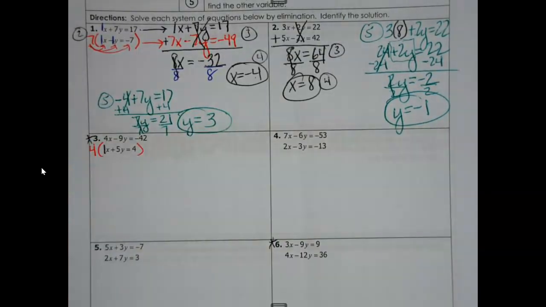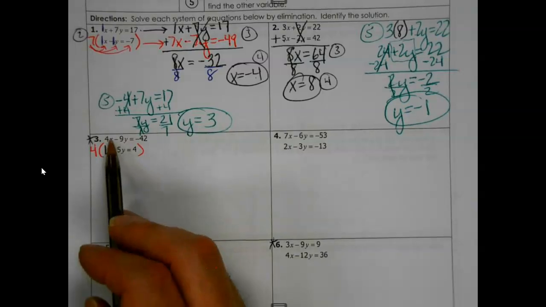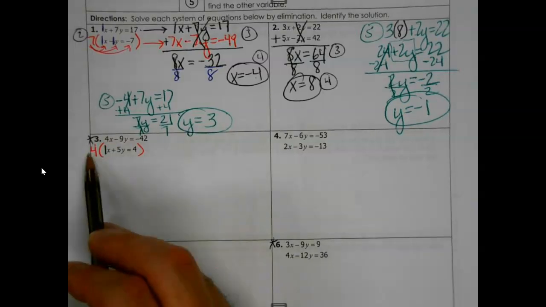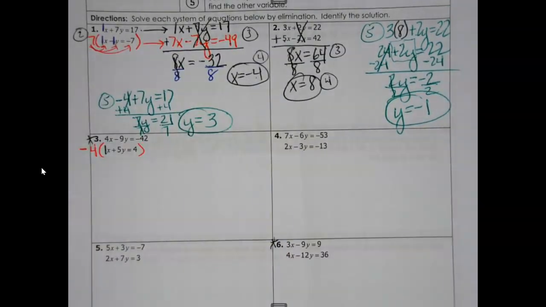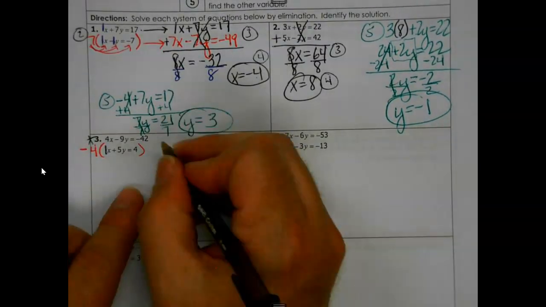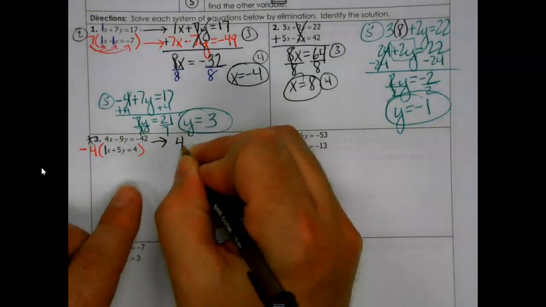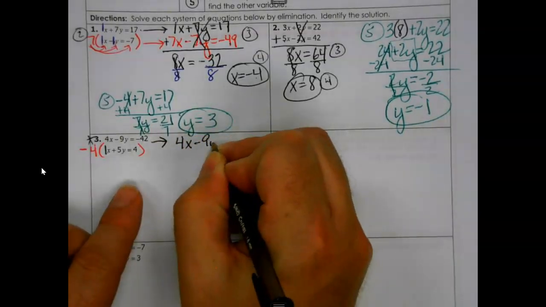we're going to multiply by that number because 4 times 1 is 4. But we've also seen they need to be opposites. This is positive 4. 4 times 1 would be positive 4. That's no good. So this time it's going to have to be negative that we multiply by. And we'll see in just a second when we rewrite this.